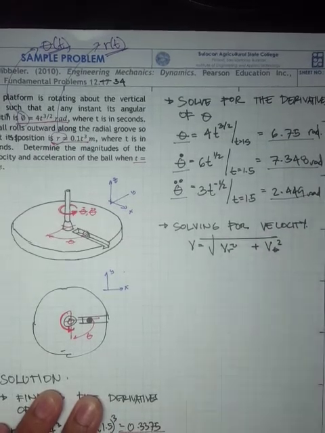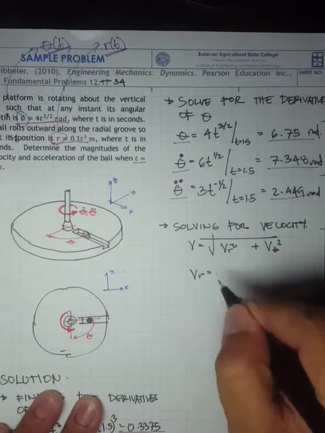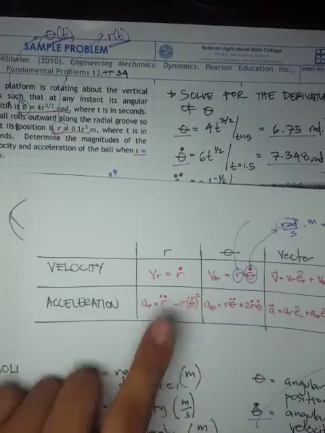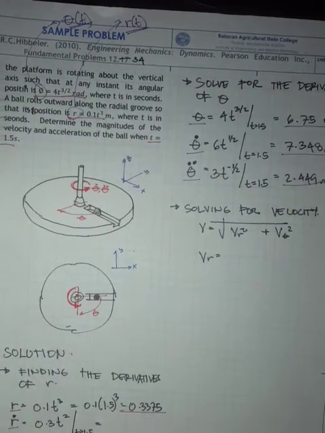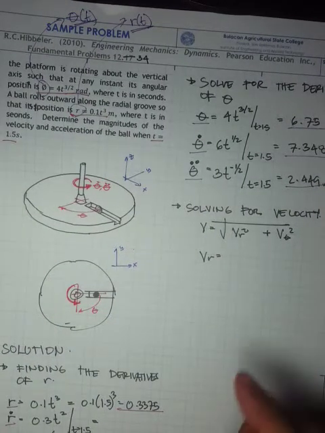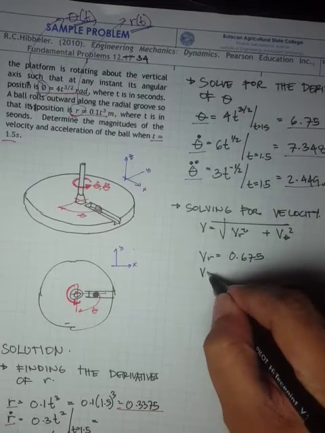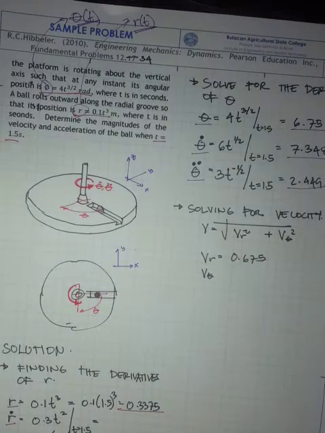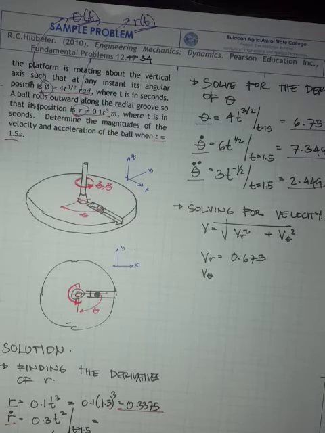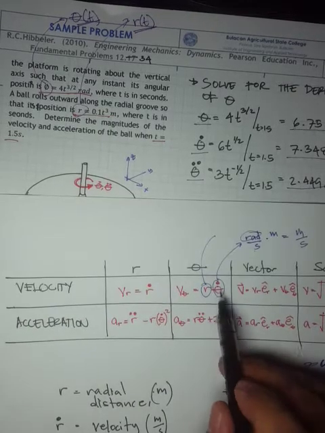Now what is vr? vr is simply our r dot, so vr is 0.675. And our v theta is r theta dot.